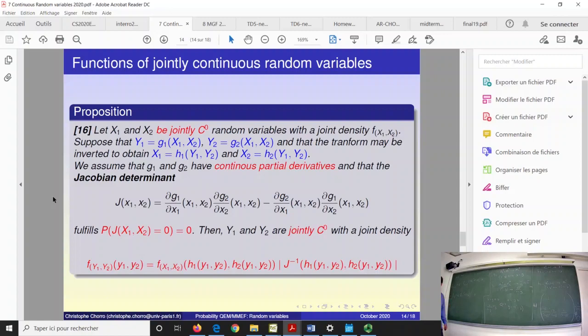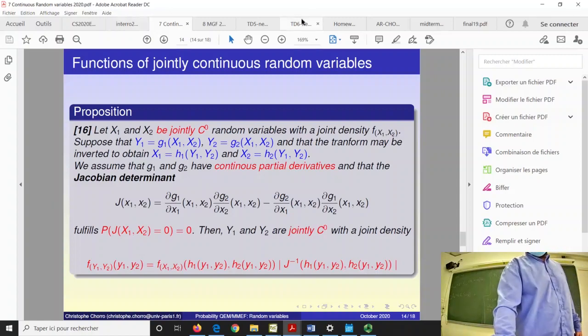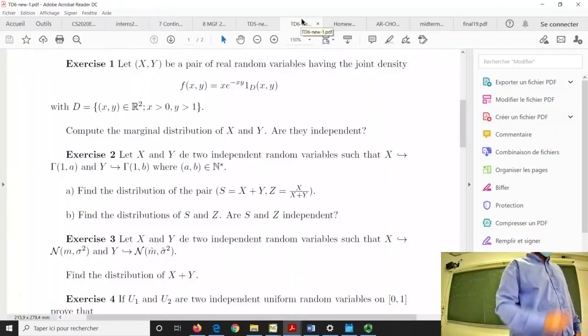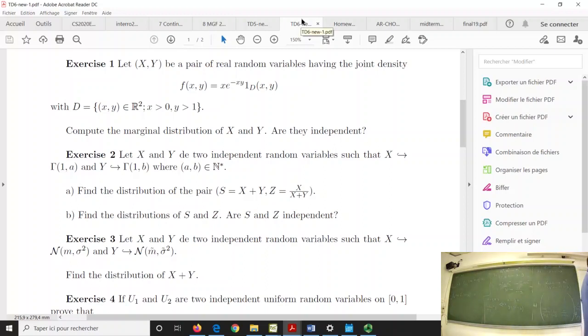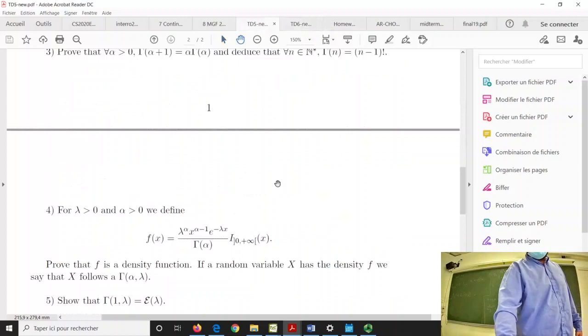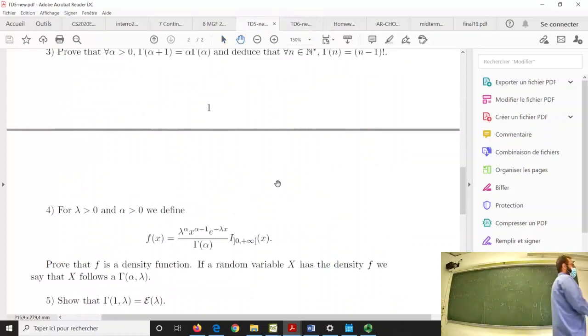Now we are going to use the fact that I know the density of x and that I know the density of y. X follows a gamma(A, 1), y follows a gamma(B, 1), and I remind you that the density of a gamma is given by this expression. So for x, it's a gamma with alpha equal to A, lambda equal to 1.